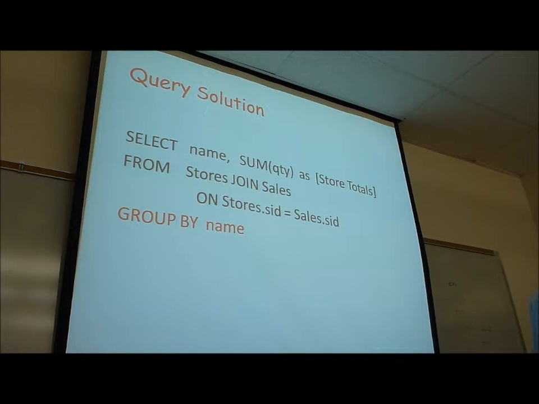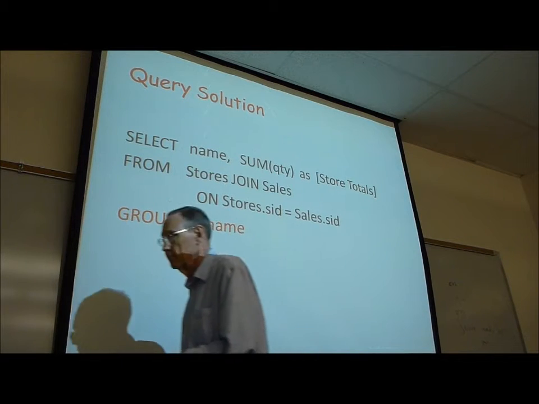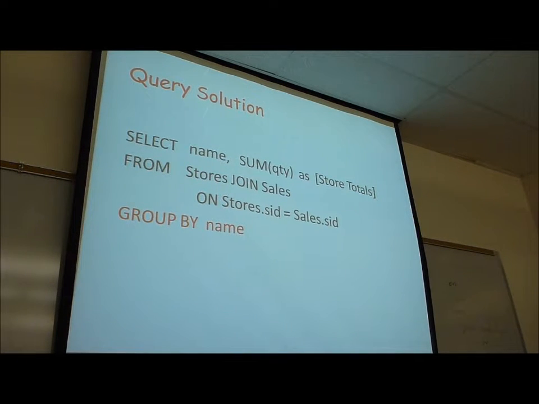If I didn't have that in the group by clause, it's going to come back and say, that's not valid. And so what we want to be able to do is identify our aggregates that are with each of the stores.